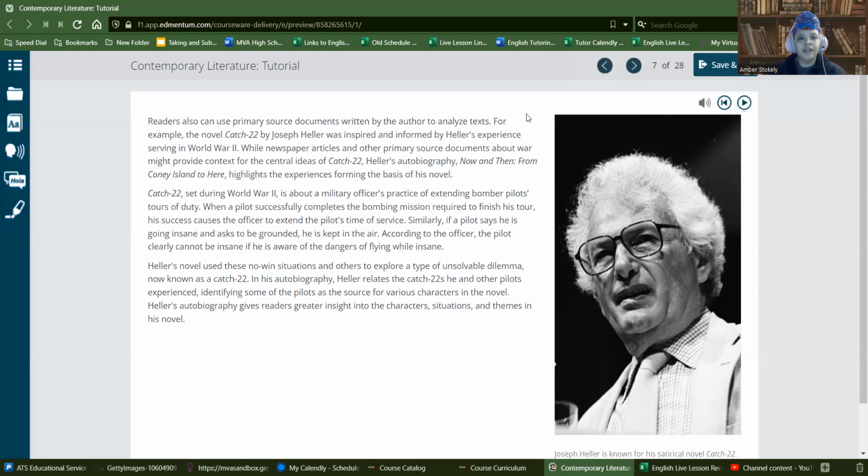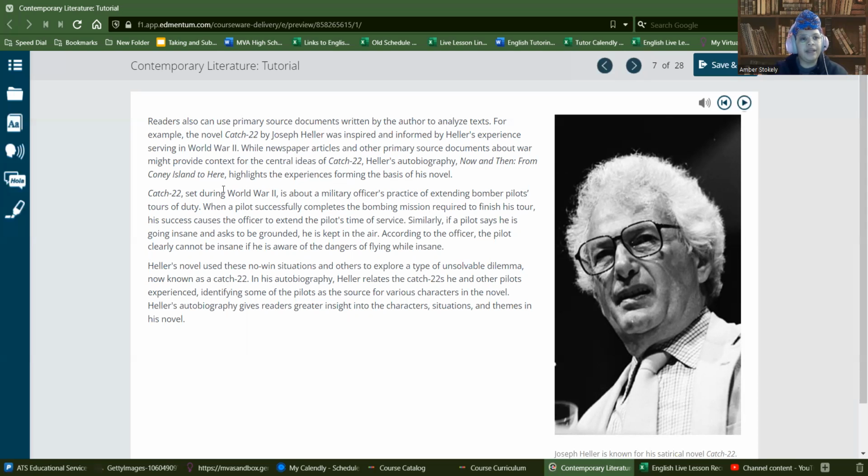So if you're doing a paper on Catch-22 and trying to give people information, you could read articles about World War II, and that might help you a little bit. But since Joseph Heller wrote Catch-22 and also wrote an autobiography, you would get more out of reading his autobiography than you would just reading random articles about the war.